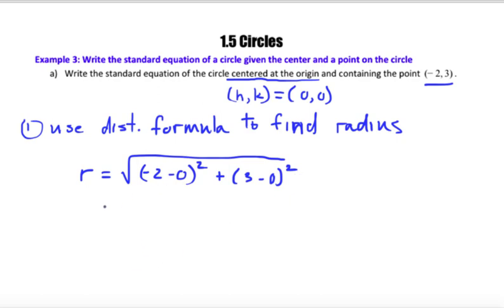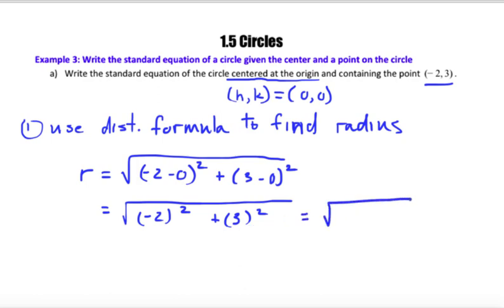Now we can simplify this: -2 squared plus 3 squared, which is equal to the square root of 4 plus 9, which is the square root of 13. So that is my radius. Radius equals the square root of 13.